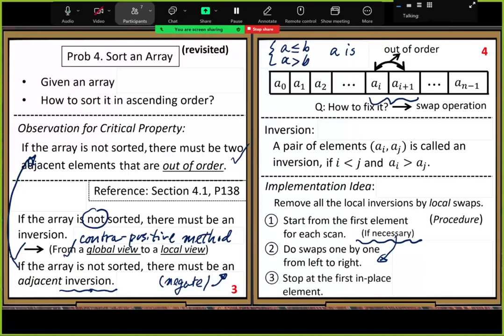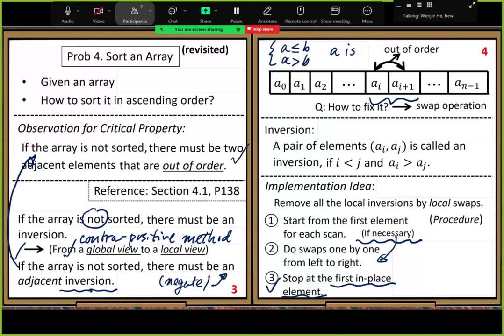Stop at the first in-place element. Let's understand this step 3. What is this first in-place element? When you do adjacent swap operations one by one from left to right, after you finish one scan from beginning to end, what do you get?